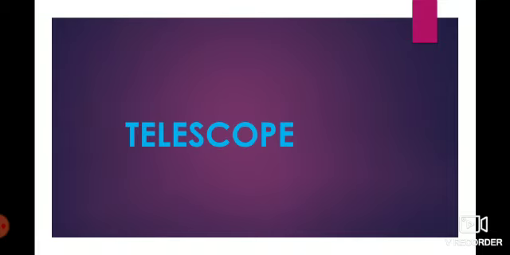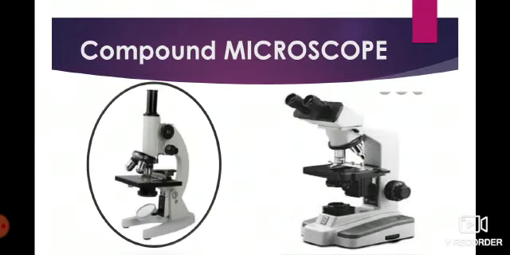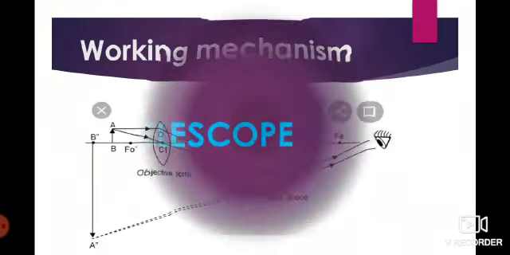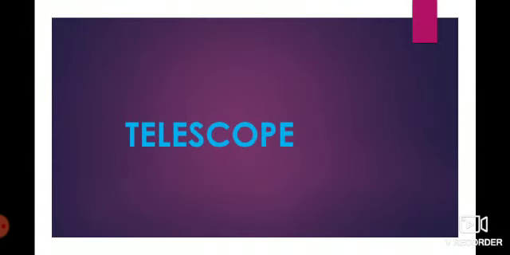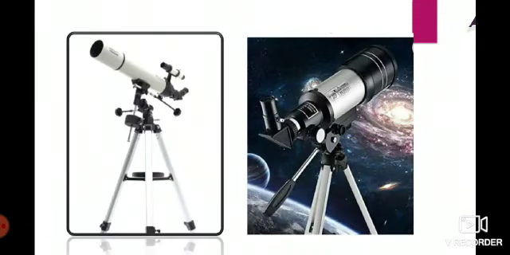The microscope is used to see tiny small objects, and the telescope is used to see distant objects. The first telescope was invented by John Lippershey in 1608, and Galileo made a telescope to observe distant stars.